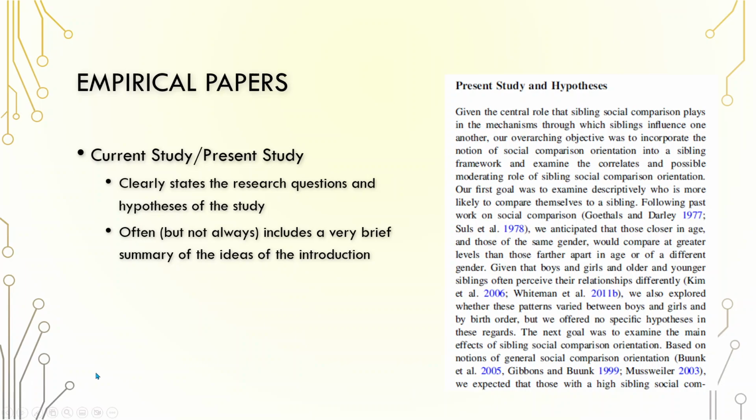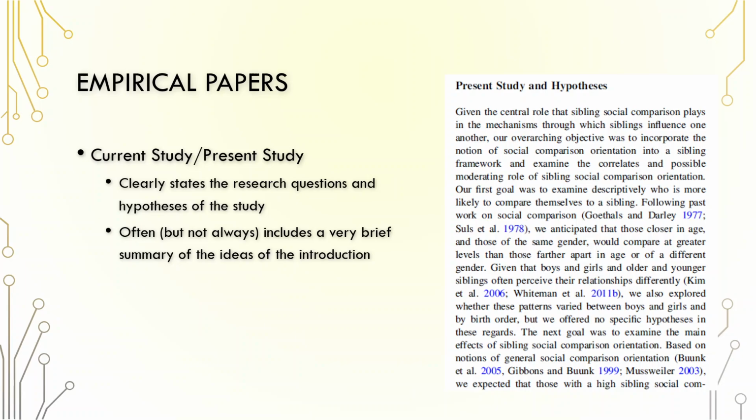Very important sections. I need to highlight something here. You're going to see, especially between the intro, the current study section, and the discussion, a little bit of repetitiveness. Because in the current study section, you're sometimes going to have just a little bit of the ideas justifying those hypotheses, and you probably have your hypotheses stated in your introduction too.